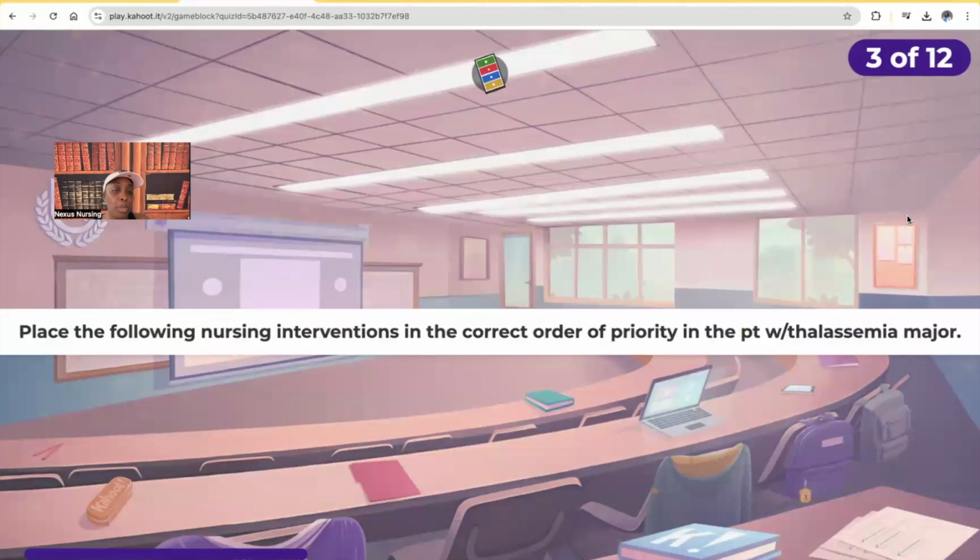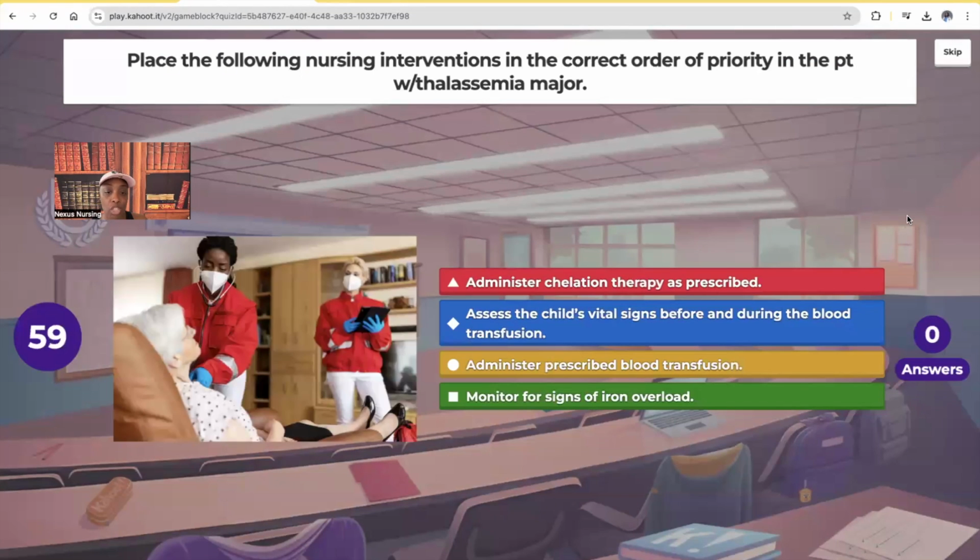Okay, place the following nursing interventions in the correct order of priority for a patient with thalassemia major. Here are the options: administer chelation therapy as prescribed, assess the child's vital signs before and during blood transfusion, administer prescribed blood transfusion, and monitor for signs of fluid overload. So you guys who are in the Kahoot with me, take your mouse and move your answers to first, second, third, fourth in order of priority.